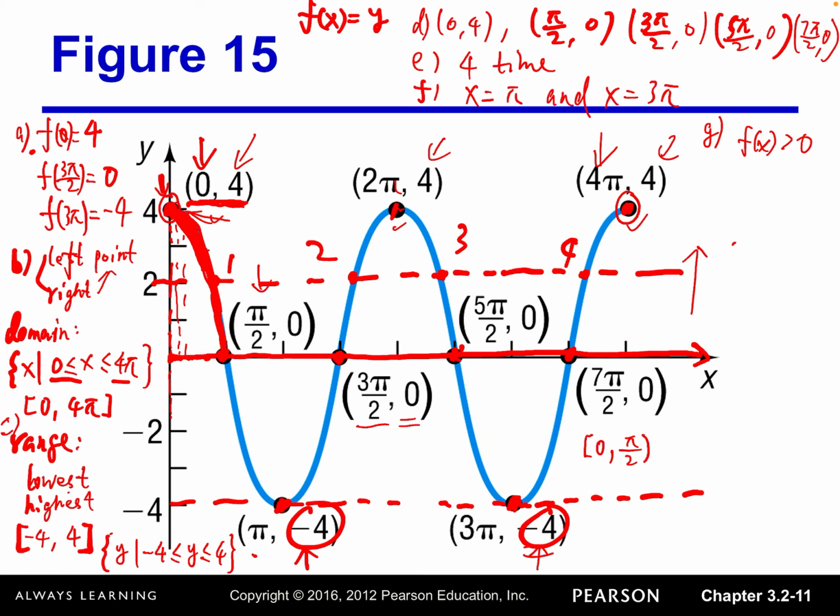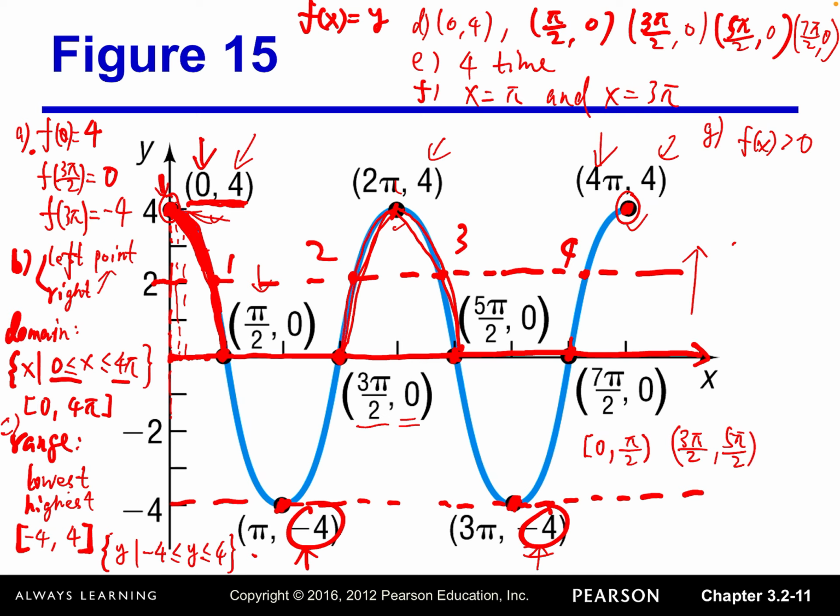And then what else is part of the graph above the x-axis? Look at this part, from here to here. What are the x coordinates of this point? That's 3 pi over 2. And this point is 5 pi over 2. These 2 points both have y equal to 0, and we want y greater than 0, so these 2 points are not included in the solution.